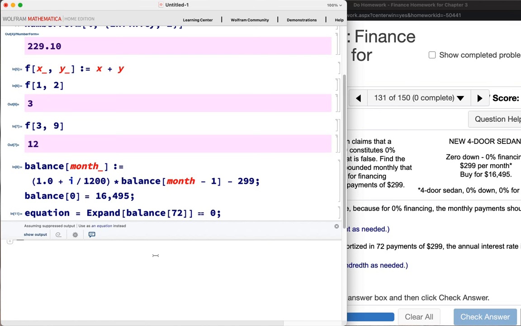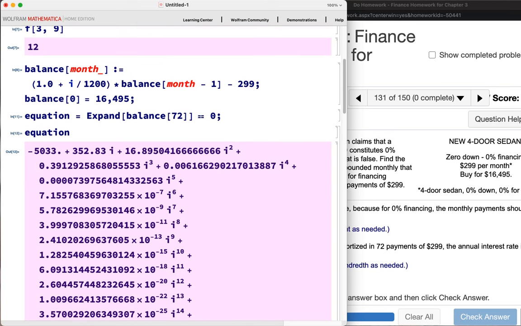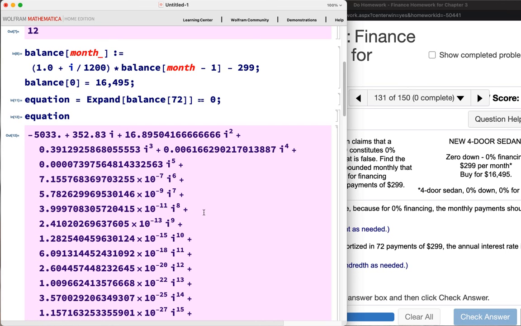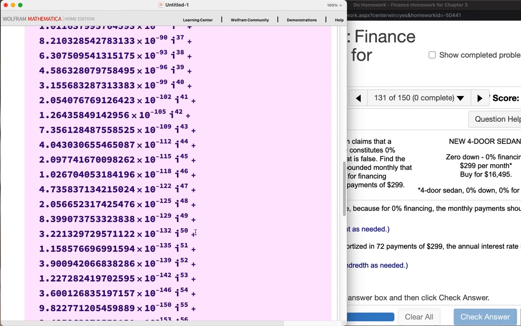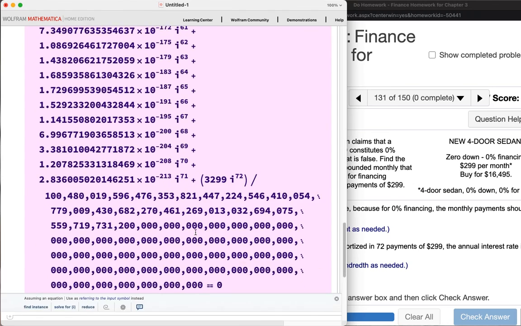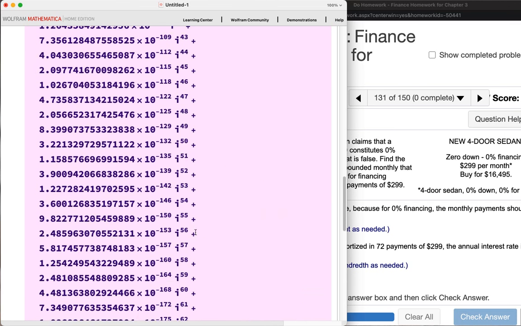Actually, let's take a look at it anyway. Equation. I have to figure out what is I. What is the value of the variable I? And this looks very, very messy and complicated.